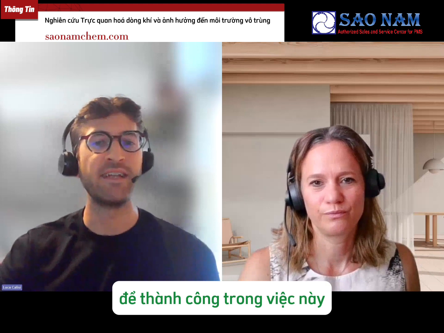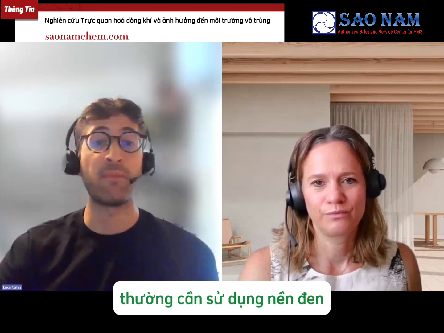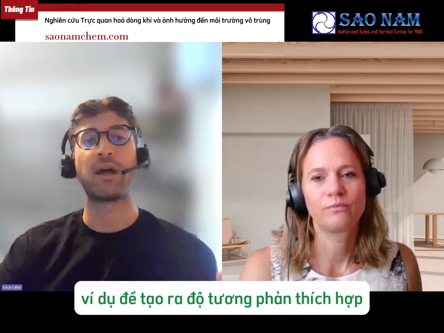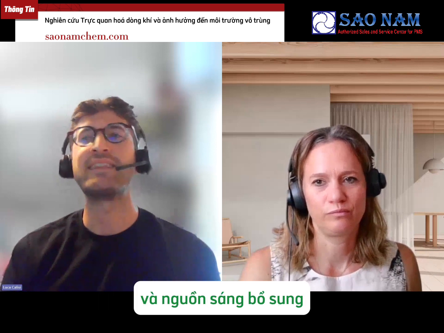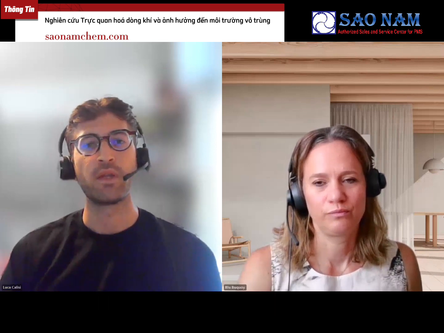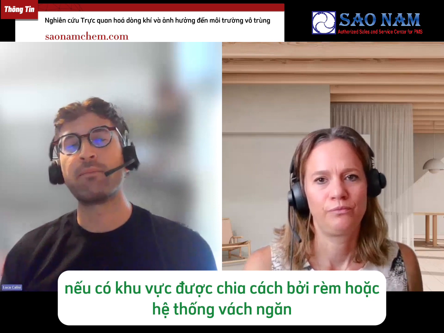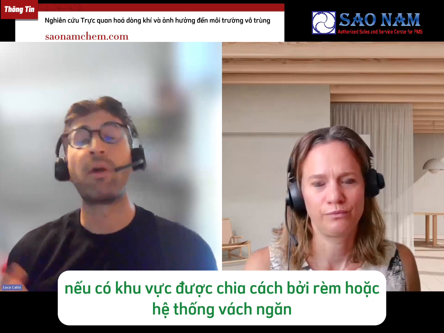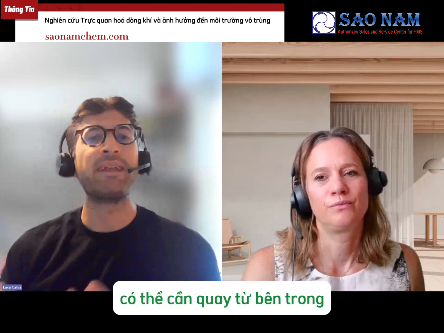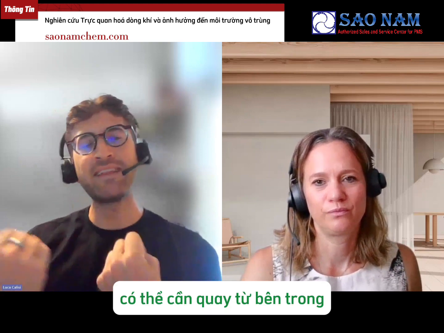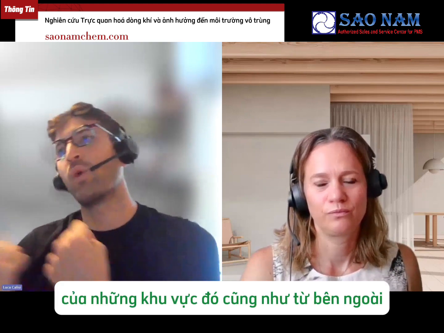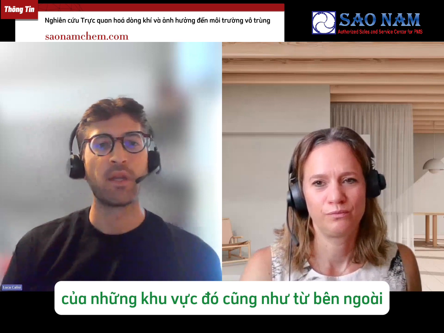In order to succeed in this, it's often necessary to use black backgrounds, for example, to create appropriate contrast and additional light sources. If there are areas divided by curtains or barrier systems, it may be necessary to film from the inside of those areas as well as from the outside.